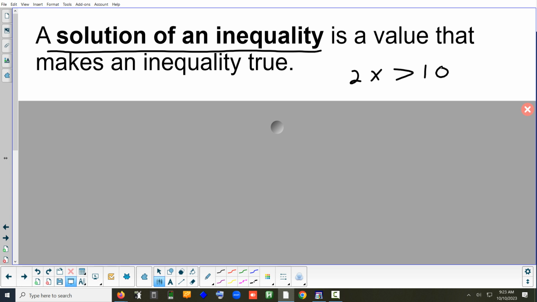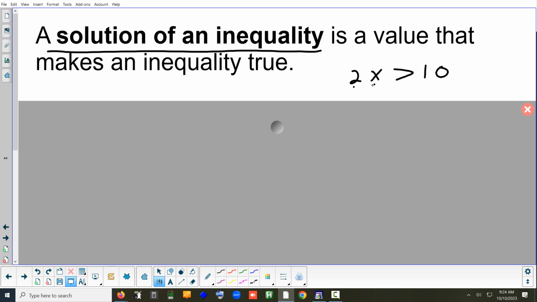Yeah. So 6 would be a solution. Okay. Let's try another one like 9. What's 2 times 9? 18. Is 18 greater than 10? Yeah. So 9 is another solution.